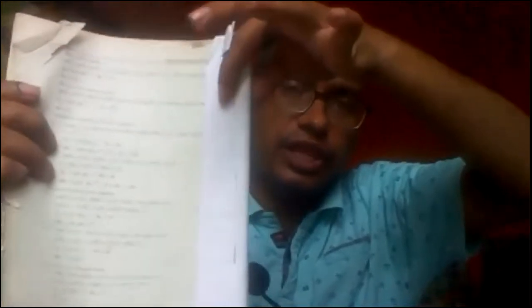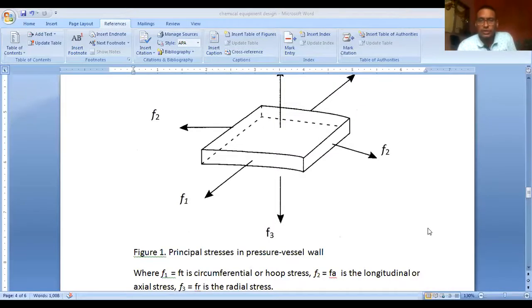Then the three different stresses that will be acting on this are: first, the circumferential stresses or the hoop stresses. Second, the longitudinal stresses or the axial stresses. And third, the radial stresses.